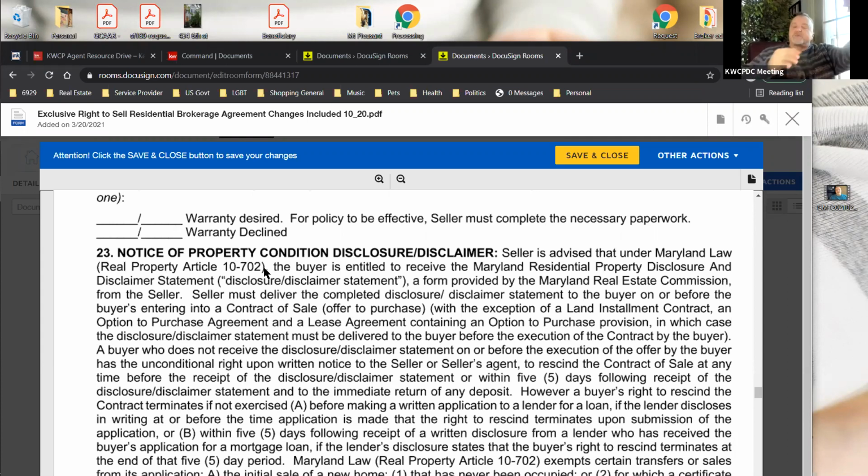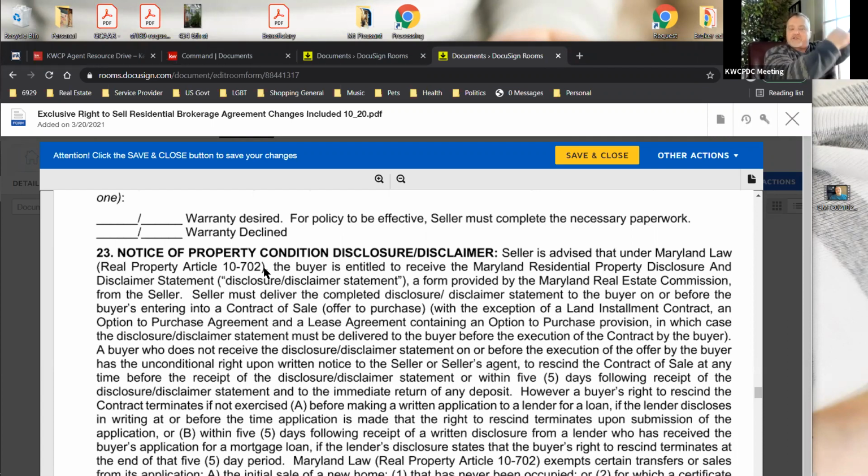Keep in mind, we cover this document in another class, but essentially it is a two-part document. The first part is an actual disclosure of material conditions, and the second part is a disclaimer. You don't fill out both sections. You only fill out one or the other.